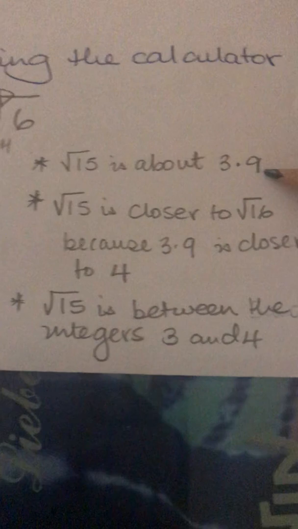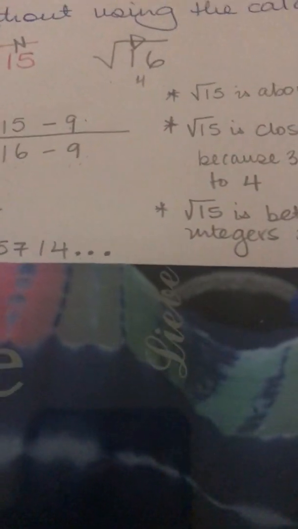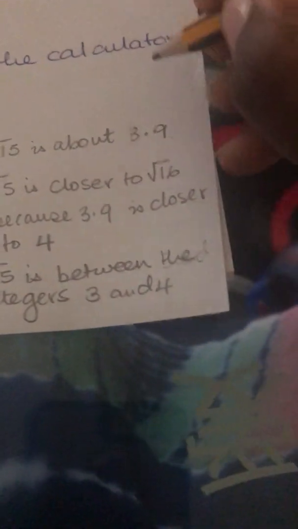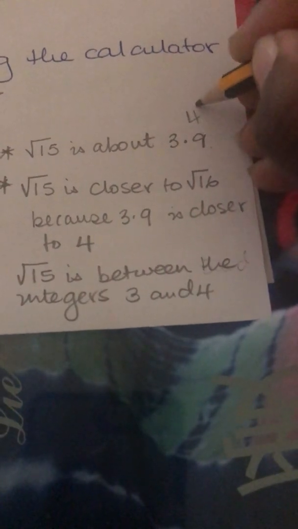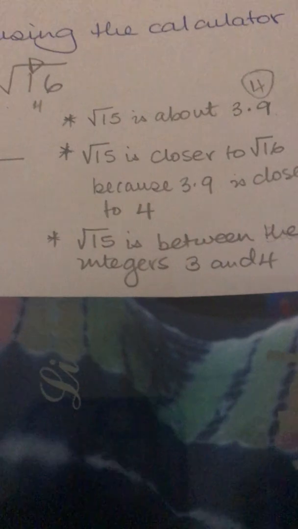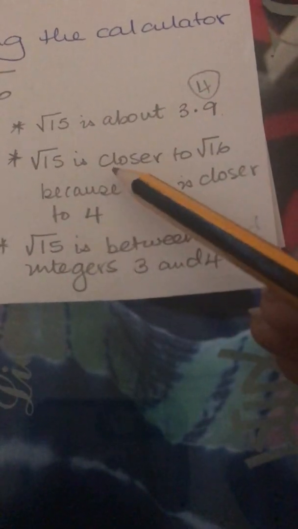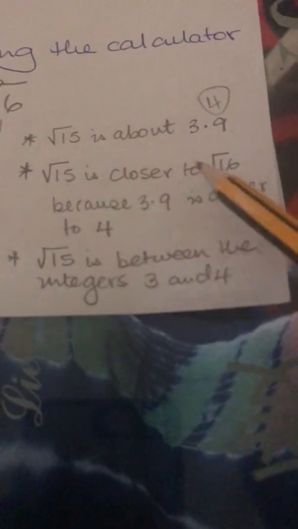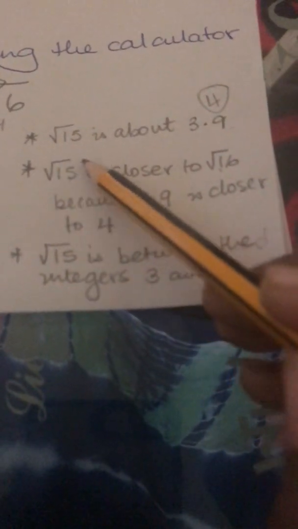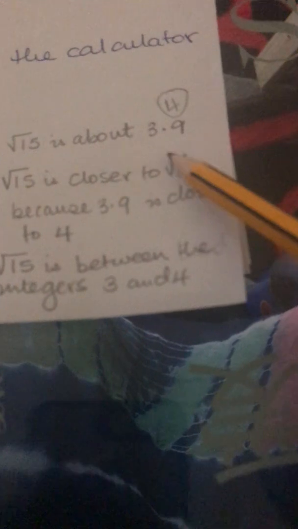Okay? Now, the square root of 15 is about 3.9 or 4. We should just say 4 because you're rounding to the nearest whole number. The square root of 15 is about 4, okay? The square root of 15 is closer to the square root of 16 because 3.9 is closer to 4, okay?